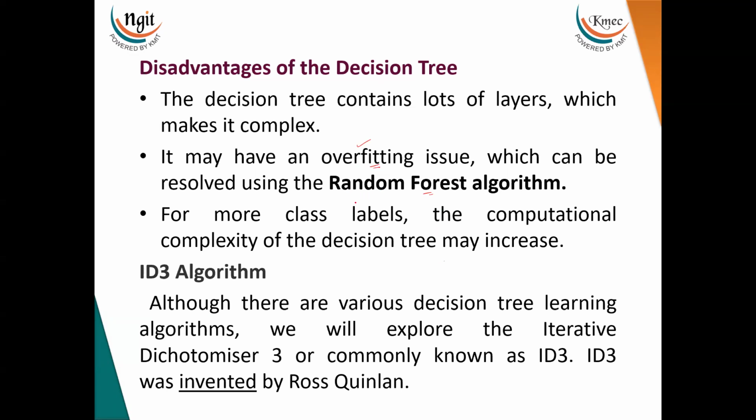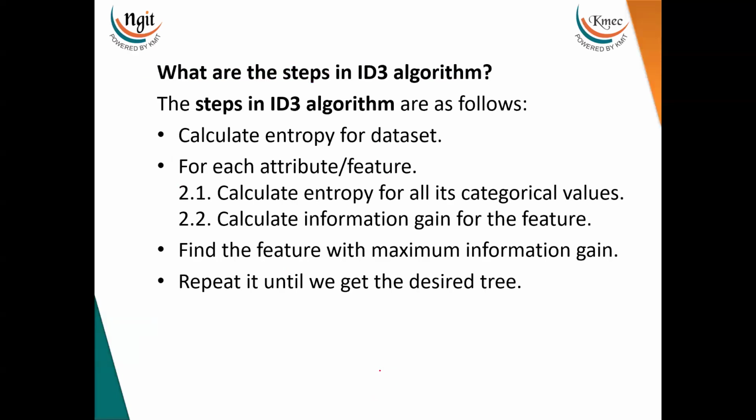Now, coming to the decision tree algorithm, that is the ID3 algorithm. We have various decision tree algorithms, but the most popular and most used one is the ID3 algorithm, that is Iterative Dichotomiser 3, commonly known as ID3, invented by Ross Quinlan.